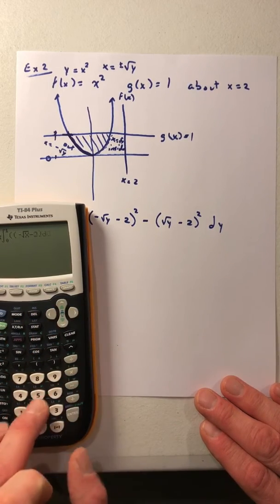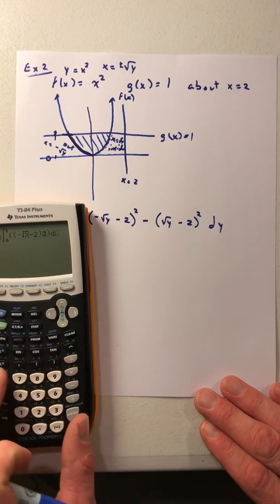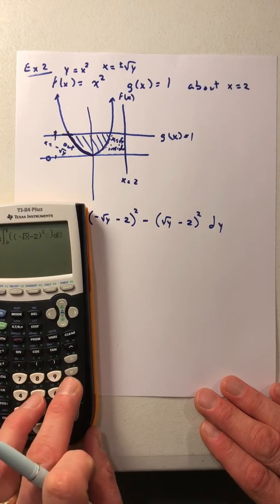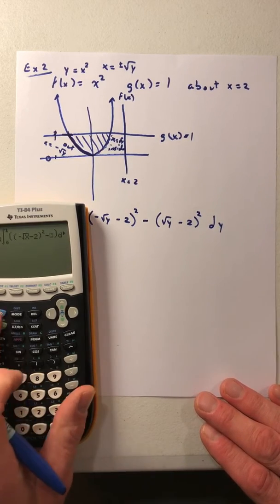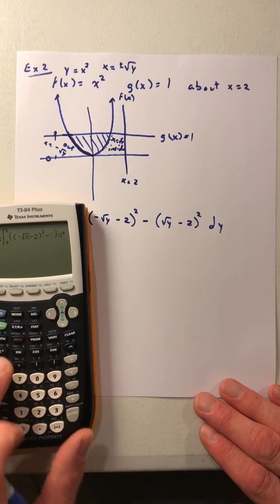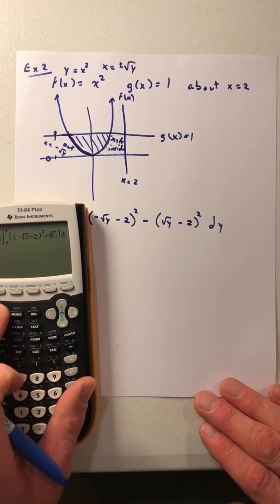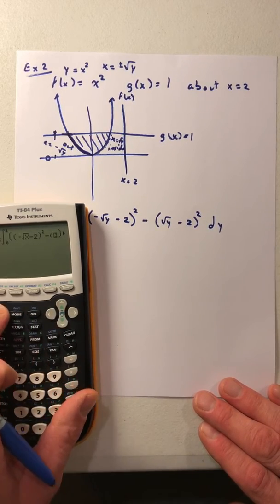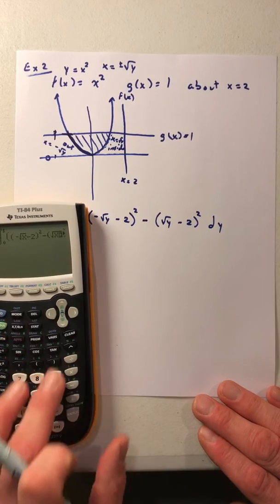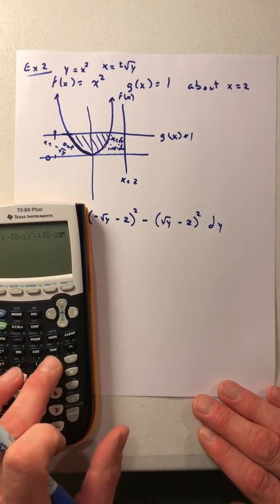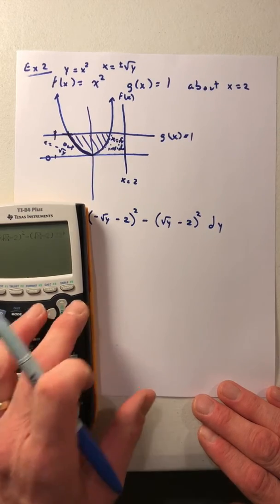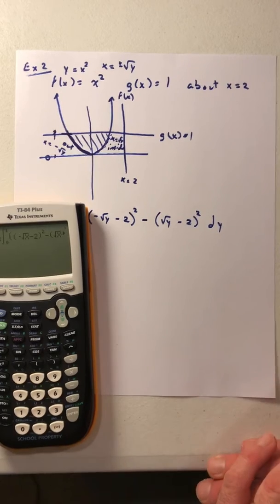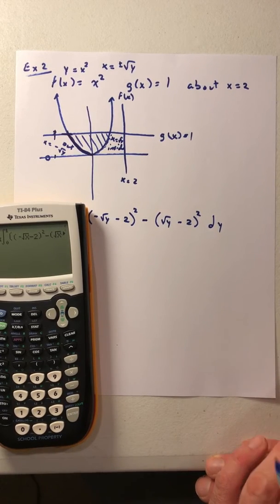And then minus 2 and that quantity squared. And from that, we're going to subtract the inside part of that, which is the square root. We need a quantity square root of x minus 2 and our quantity squared dx. And getting that value, it's going to take a little bit of time, asking it to do a lot.